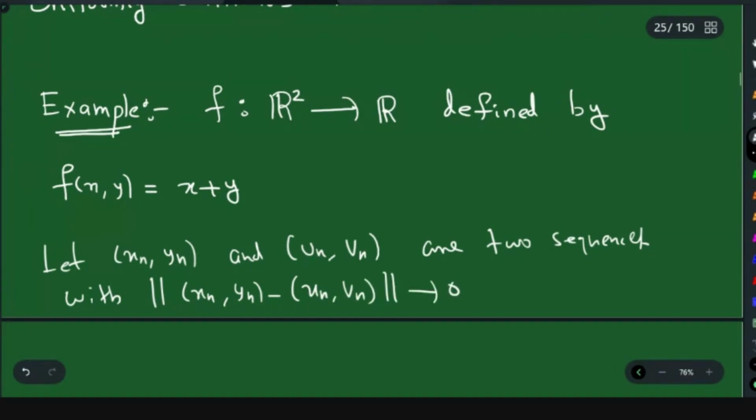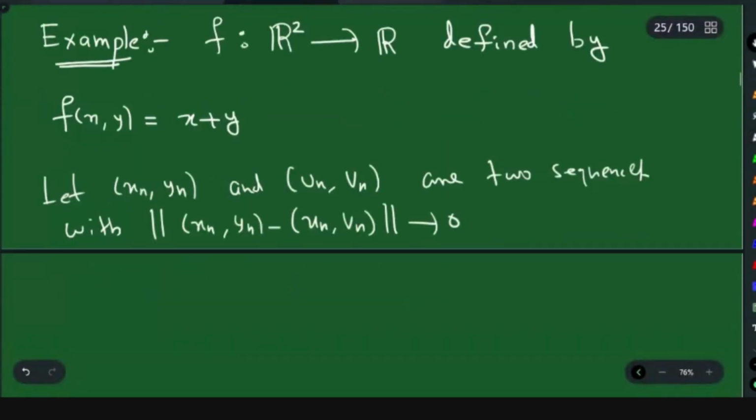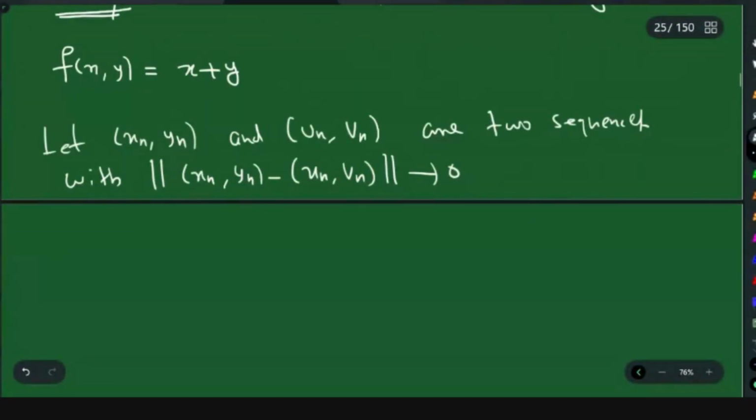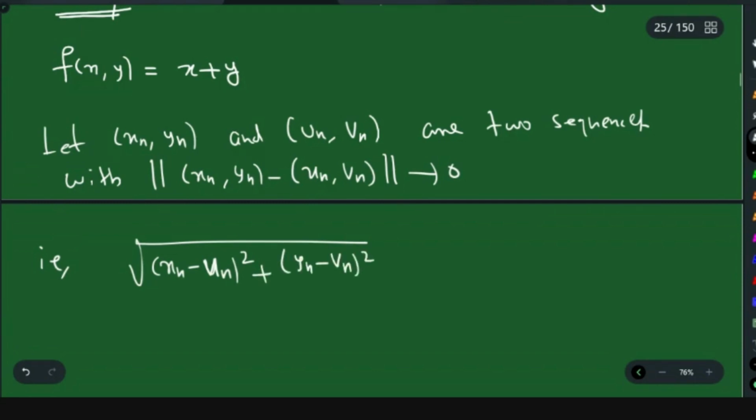Here the norm means exactly the Euclidean distance on R2. So the square root of xn minus un squared plus yn minus vn squared is going to 0. That is the thing you have.